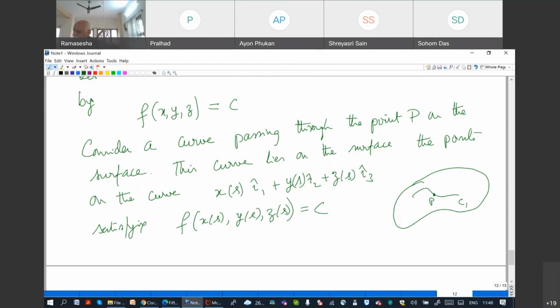If this curve C1 has to lie on the surface f of x, y, z equal to c, then every point must satisfy this equation, which means when I substitute x by x(s), y by y(s), and z by z(s), this equation should be satisfied. Is that clear?